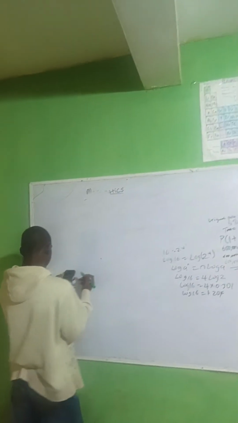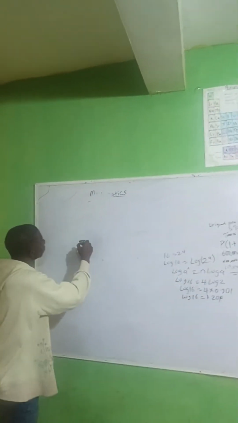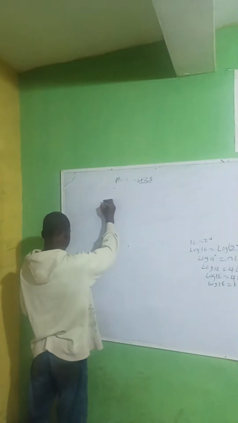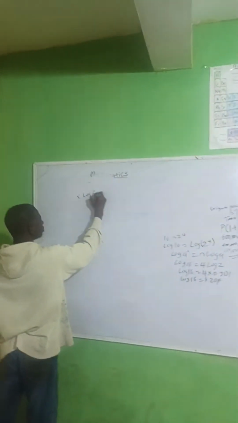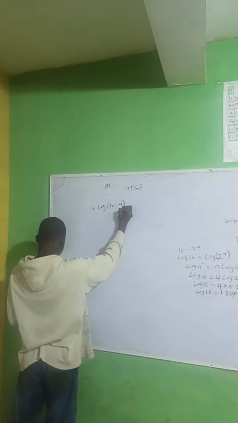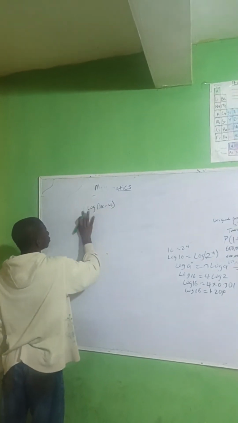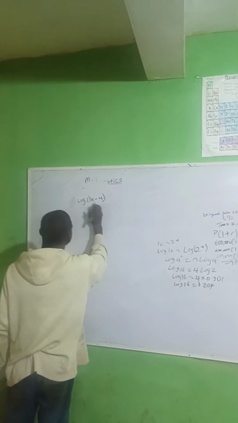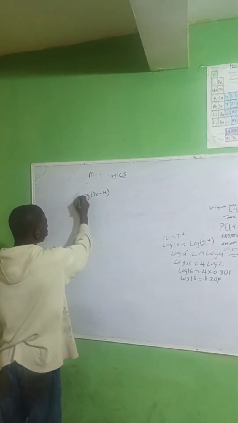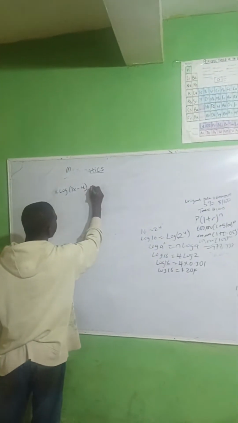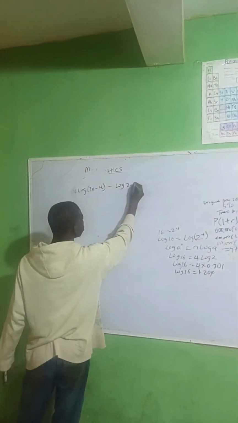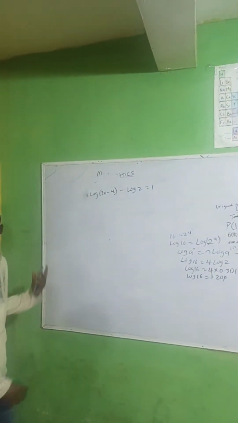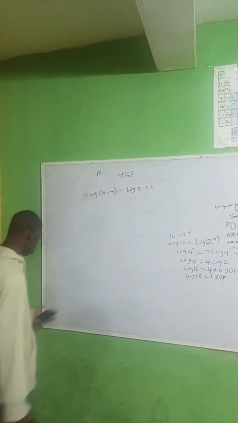So now the question is: find x if log of (3x minus 4) minus log 2 is equal to 1. Is that not the question I raised? And that's the question.